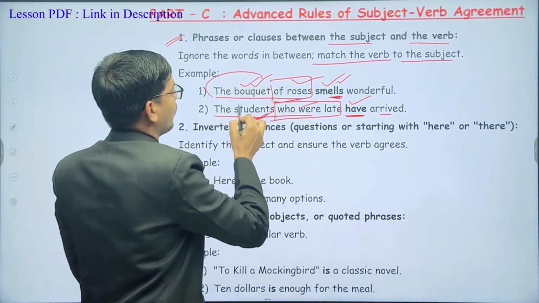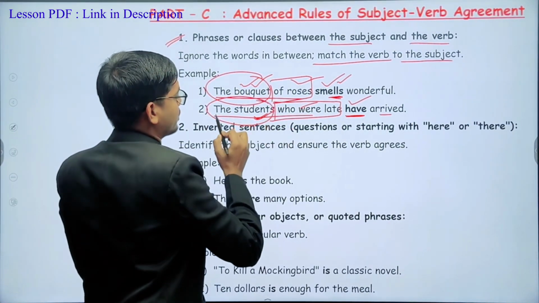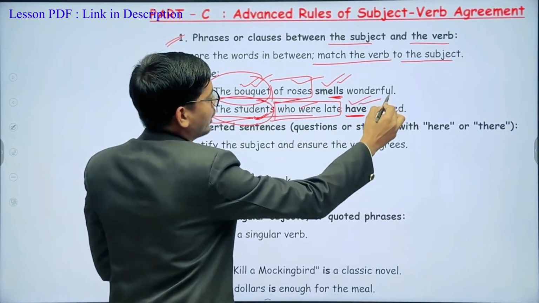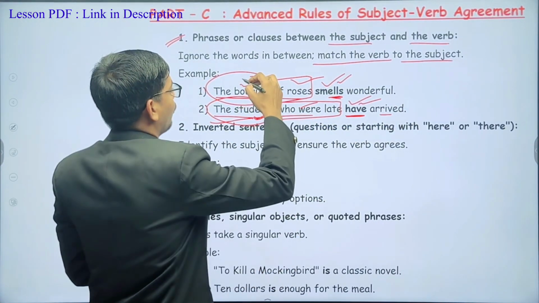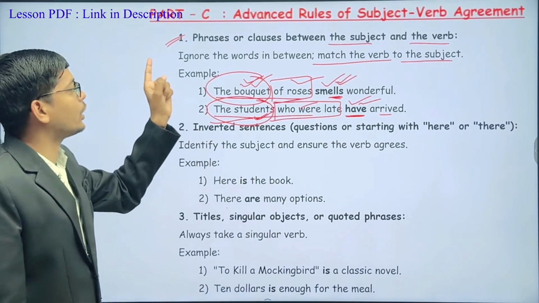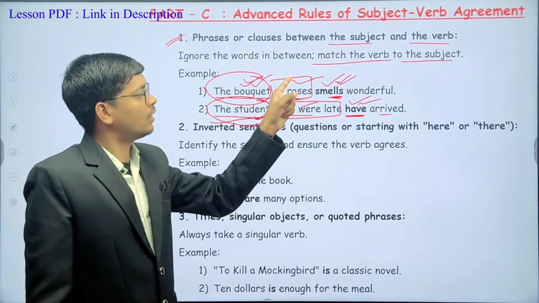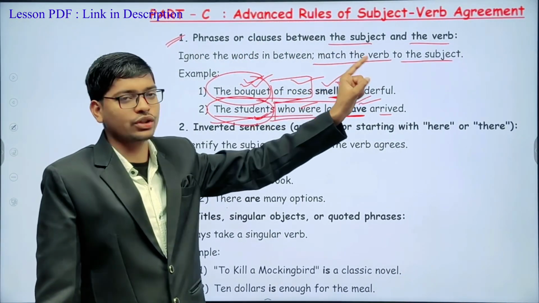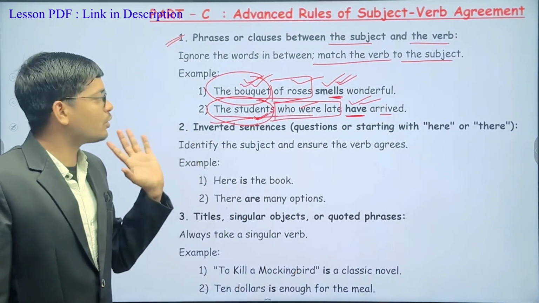You focus only on the word students. Students is plural, so we have to use a plural verb. So here, ignore the words in between and match the verb to the subject. So you understand.